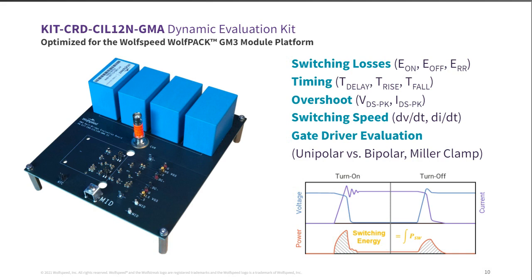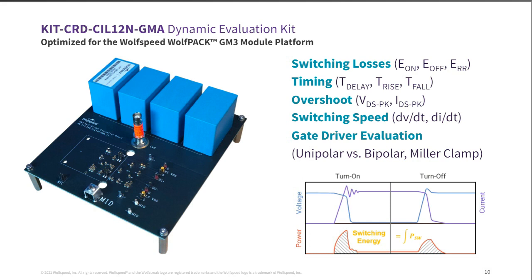We also try to include decent measurement points, so you can measure drain to source voltages, gate voltages, things of that nature, and try to create really high fidelity, repeatable measurements.